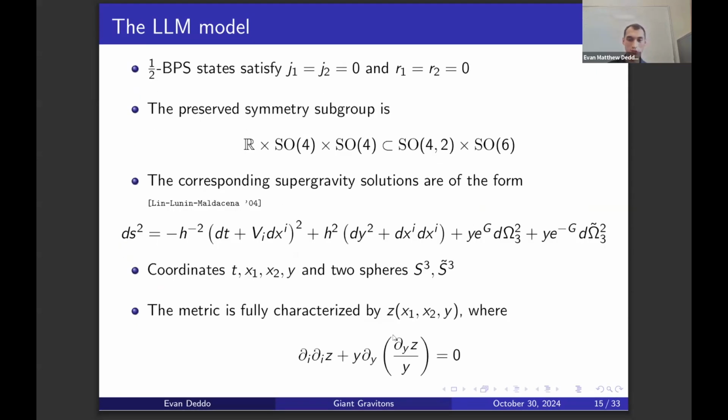I guess we know the symmetries from the field theory that half-BPS states satisfy, so we expect that the corresponding supergravity solutions will also have these symmetries. And by bubbling, I think it refers to the fact that these S3s will grow and shrink depending on which region of this space we're in.